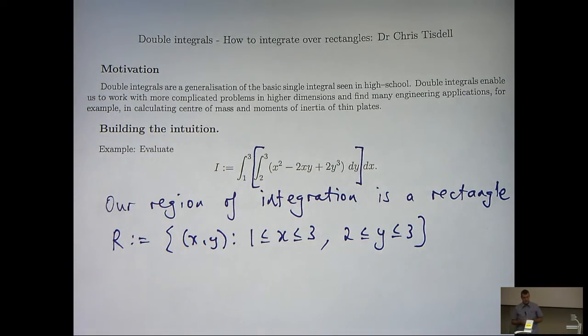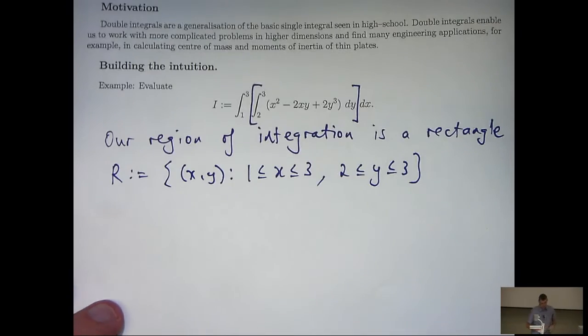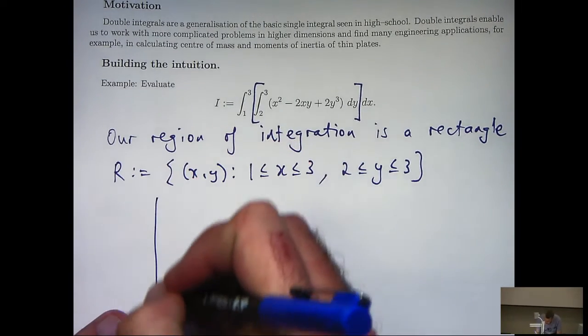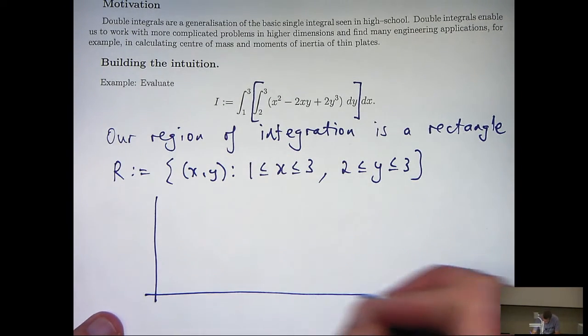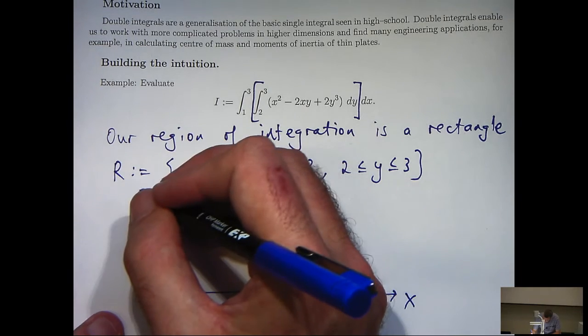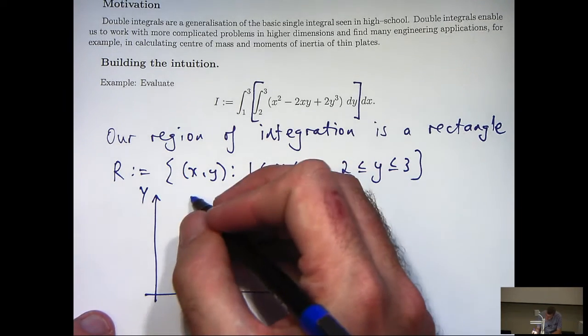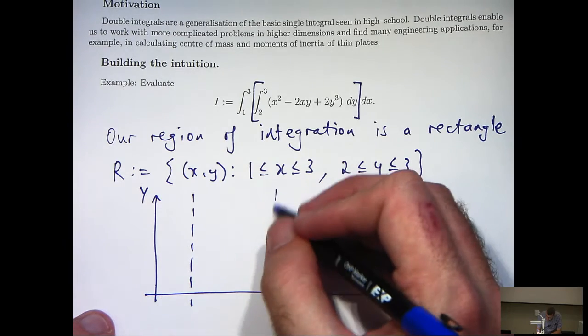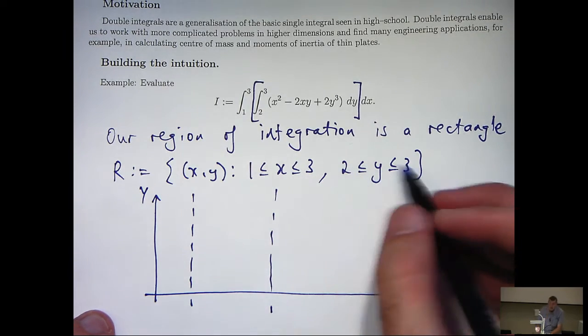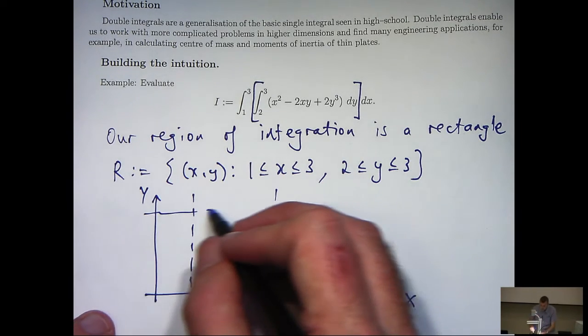So if I just draw in my region, my little rectangle in the xy plane, what I'm going to do is draw in the line x equals 1, x equals 3, and the line y equals 2, y equals 3.